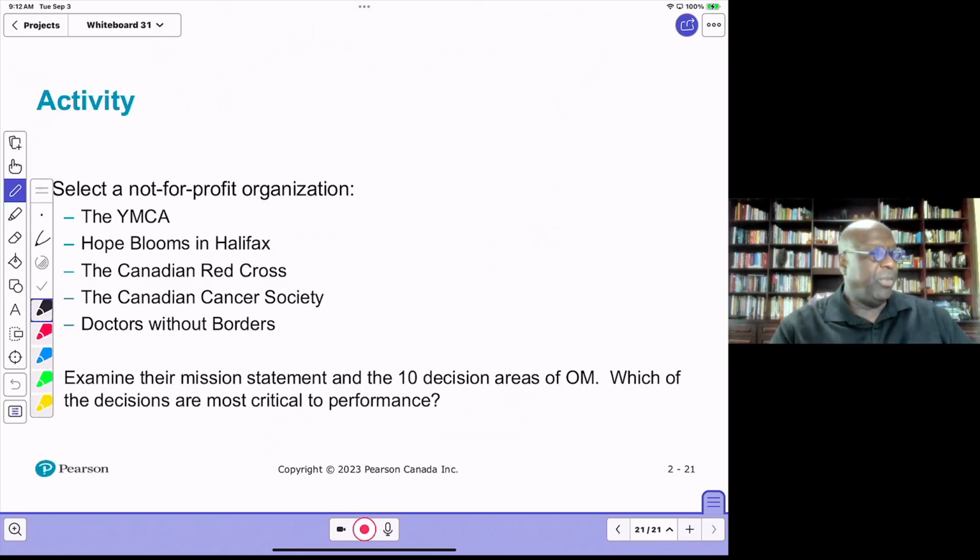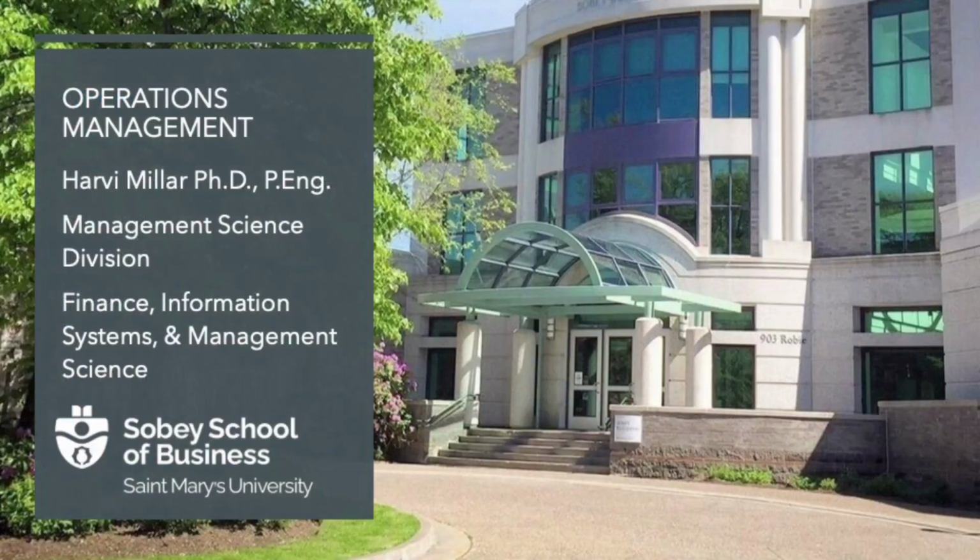All right, so that is your task, and let's see how well you are able to take the concept of operations strategy and apply it to a not-for-profit organization, a humanitarian organization, or a small to medium-sized enterprise. That's the end of our chapter 2 on operations strategy.